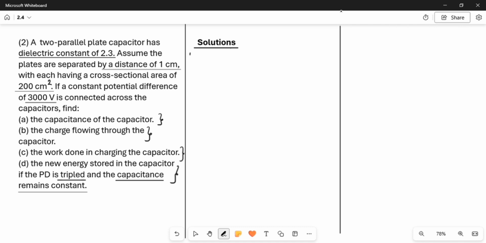First, we have that K, which is the dielectric constant, is 2.3. Distance D between the plates is given in centimeter, which when converted is 1 times 10 to the power minus 2 meter. A, that is the area, is 200 cm squared, which is converted to meter as 200 times 10 to the power negative 4 meter squared.